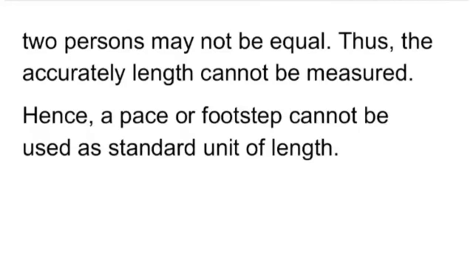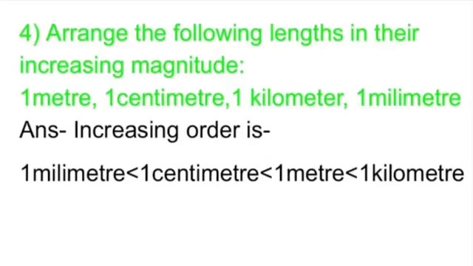Okay, that's why a pace or footstep cannot be used as standard unit of length. So why are we not using footstep for measuring length? Because the length of footstep varies from person to person and we cannot get the accurate length. Okay, so to get accuracy we use standard unit.